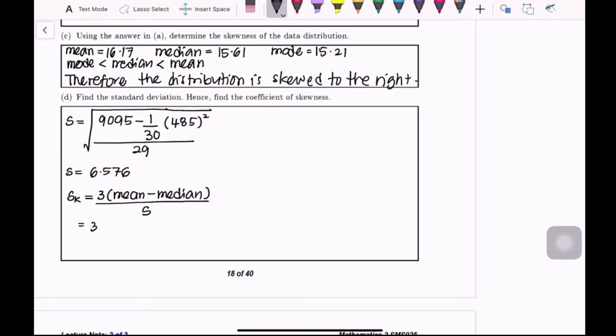So SK is equal to 3 times (mean, 16.17, minus median, 15.61) over the standard deviation, which is 6.576. So SK is equal to 0.255.